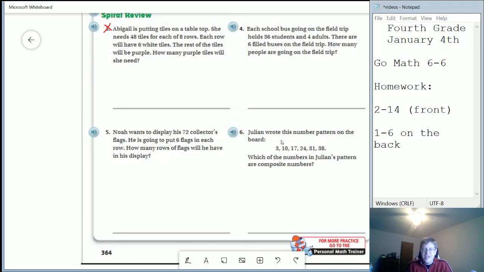So we can divide it by either 2 or 3 or 5 or 7 or some other prime number. So prime numbers we can only divide by 1 and the number itself. Composite numbers we can divide by other numbers. So which ones of these can we do that with? Divide by a number that isn't the number itself and 1.